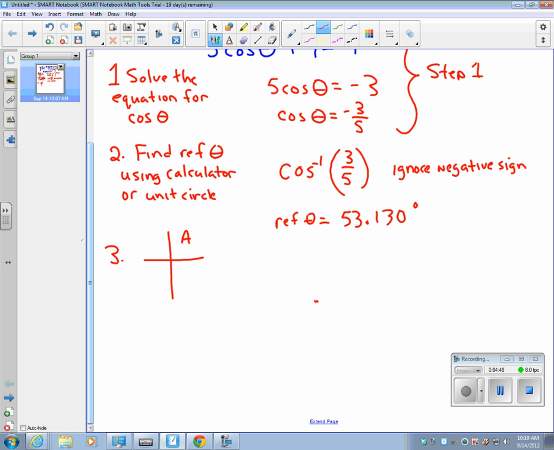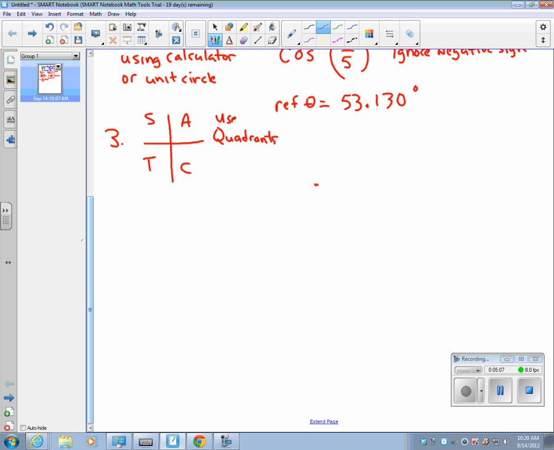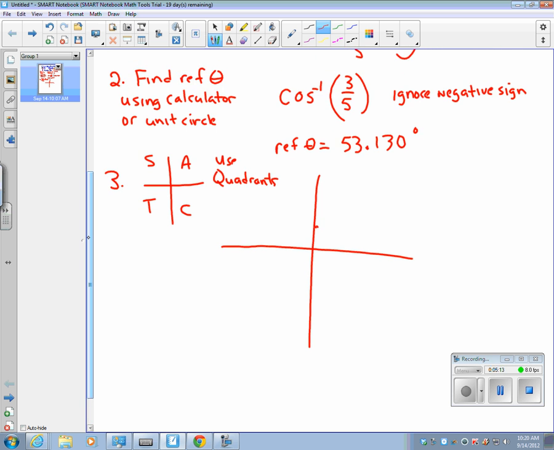Step 3 is this. We draw the angles into the proper quadrants. Step 3, we use the quadrants. Here's the thing, people. This is the part that's really important here.